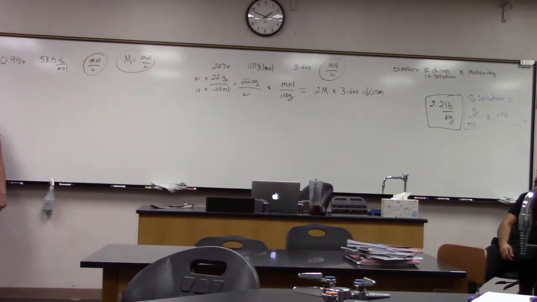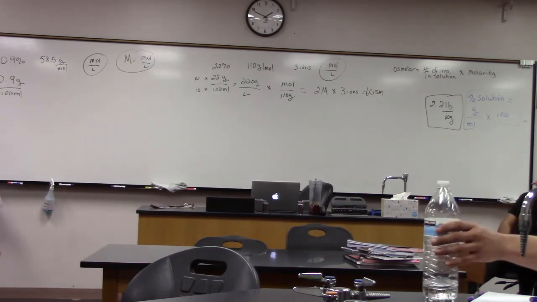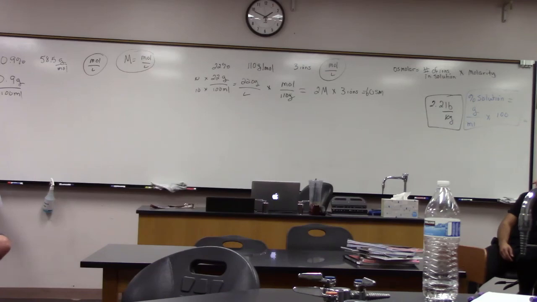Okay, what else do I need to write down? 9 grams per liter. Okay, so this is 0.9 grams in 100 milliliters, yes? Okay. All right, do I need to write anything else down, or am I ready to go? Okay, so I'm going to times by 10. And now I have 9 grams per liter. Excellent. Now what?